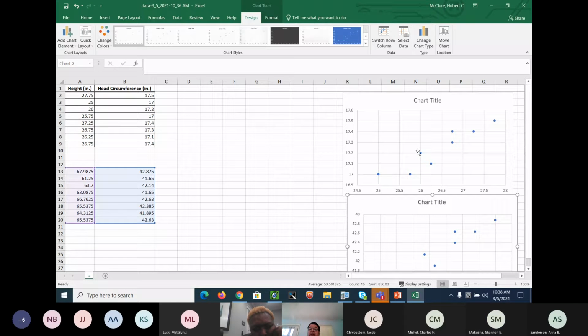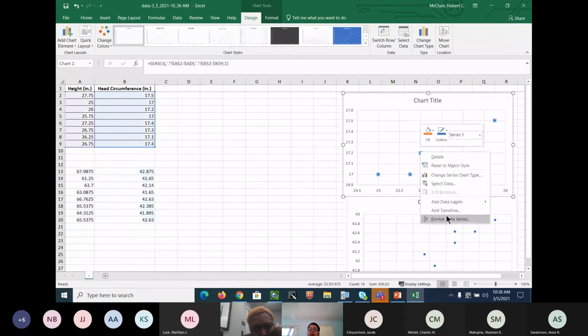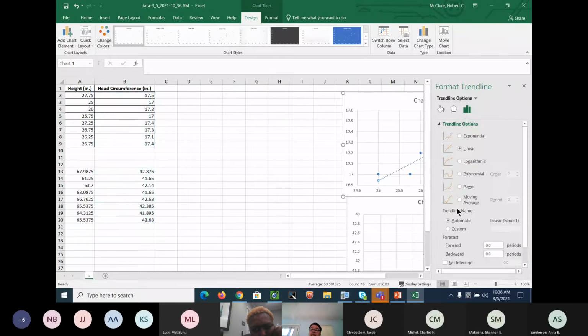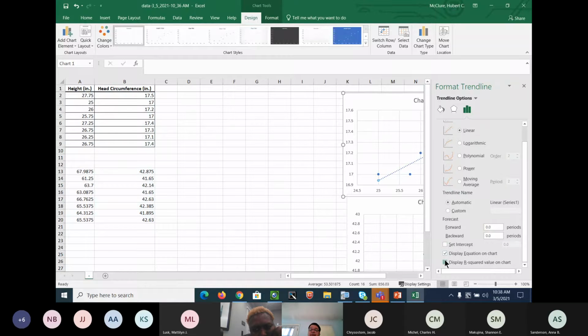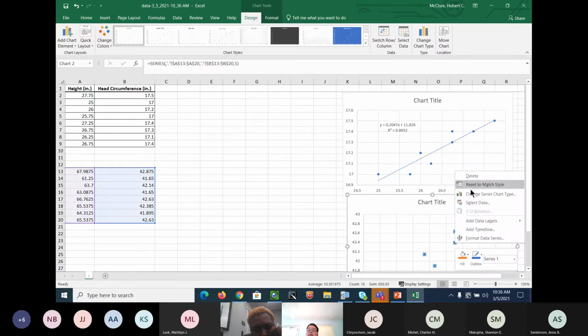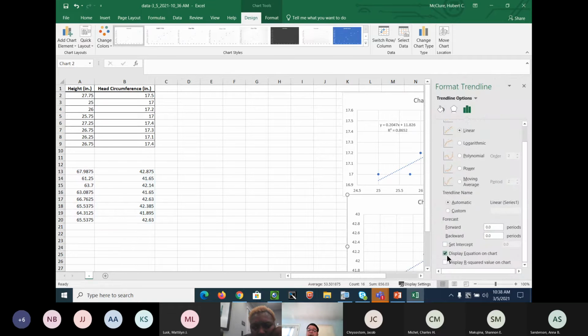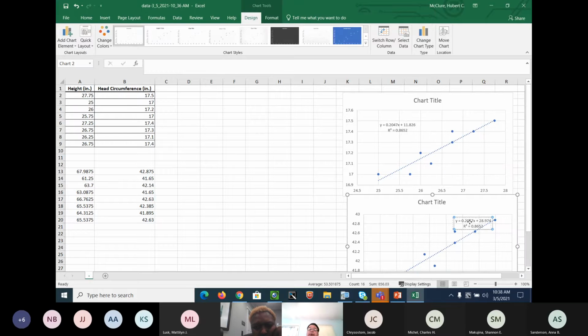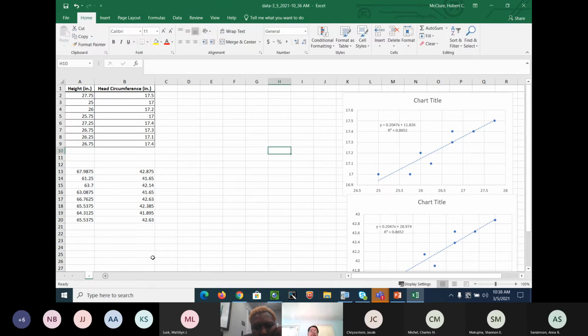Now I'm going to right click and go add trend line and hit display. There's the same thing here. Add trend line, hit display. Did it change anything? It doesn't look like it.